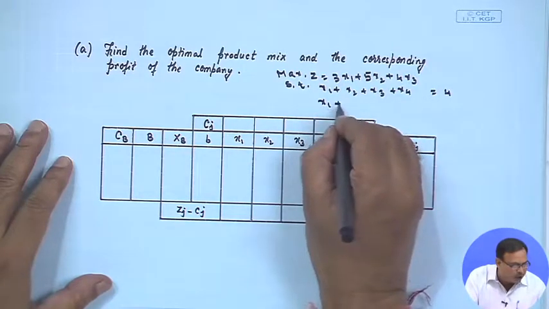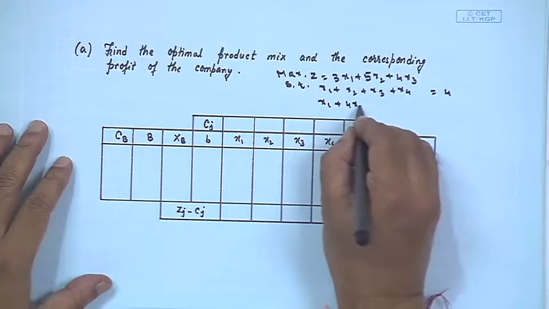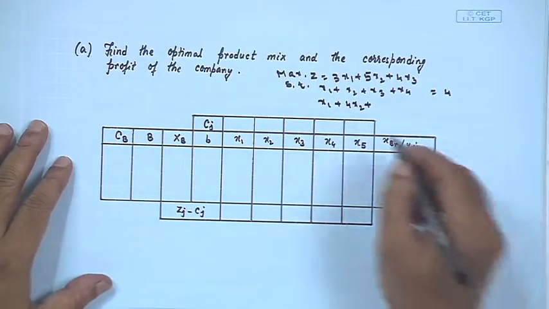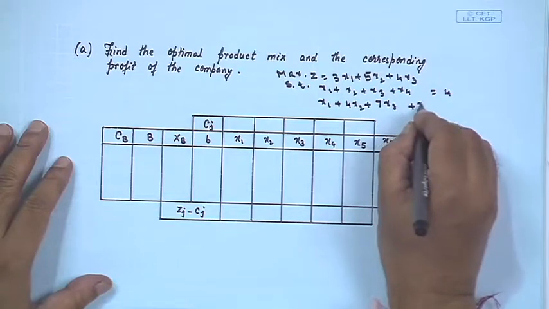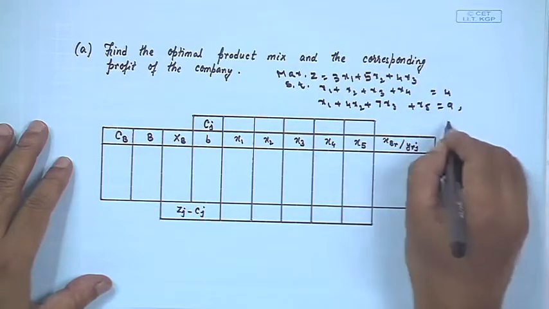Second one is x1 plus 4x2 plus 7x3 plus x5 equals 9.